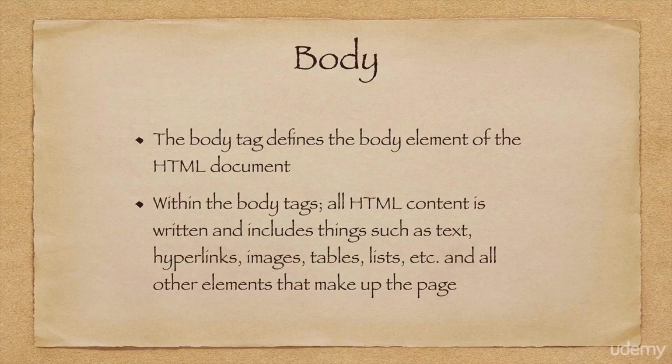This is the part of the HTML document that is all the bits that you're going to see on the screen. So the head defines all the head information, meta information, and the title of the page, for example. But the body is all the script that you're going to see on the screen as a HTML page.